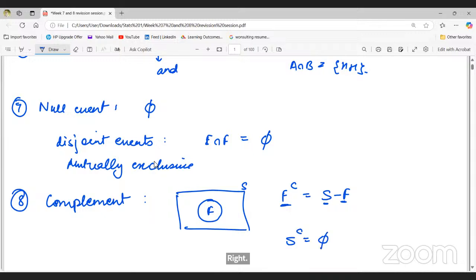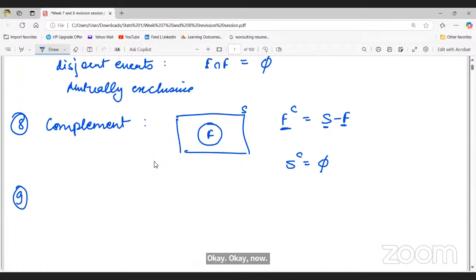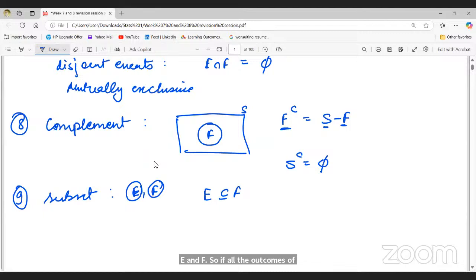Now, what do you mean by subset? Part of a set. Or you can say that if there are two events, E and F, and all the outcomes of E are also in F, that means E is a subset of F. For example, I'm tossing two coins.